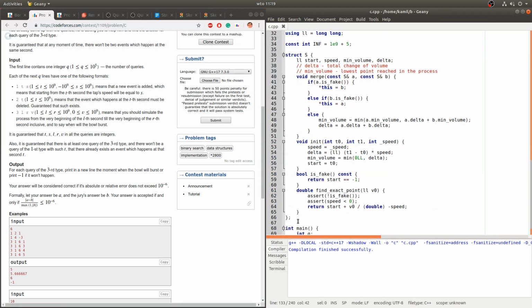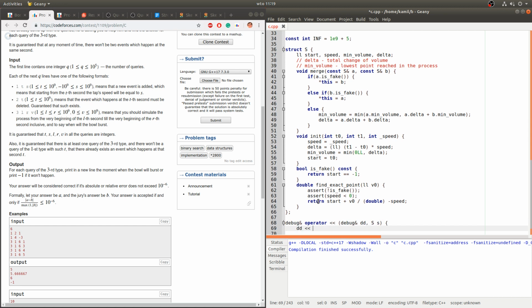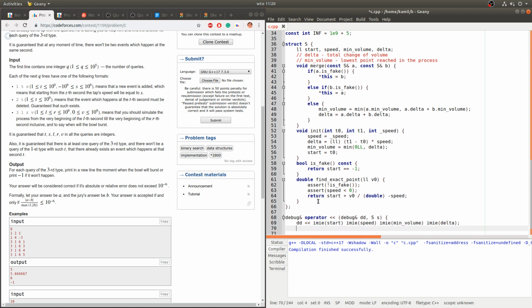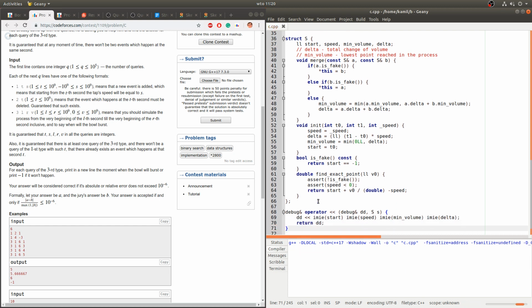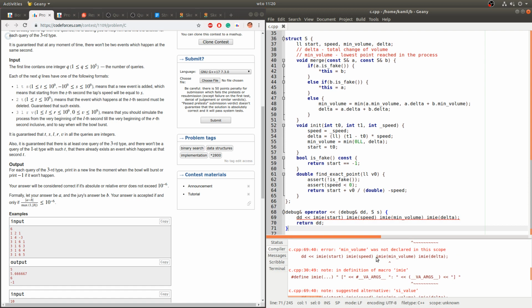I want to be able to print, so to print this node, how to write it, debug operator. Add name of start, name of speed, min volume, delta. Something is wrong.